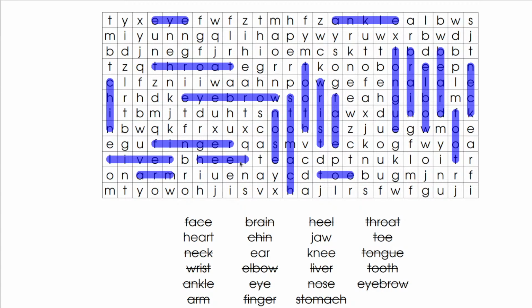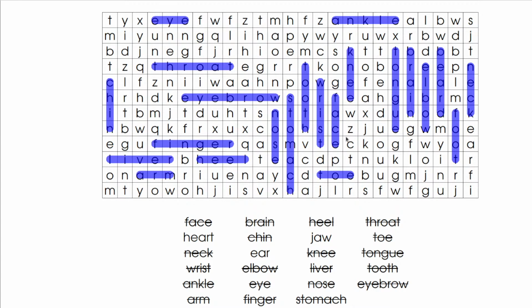Heel. So the back of the feet. We do have a way to show all the answers, but I'm just going to look about it for a little longer.